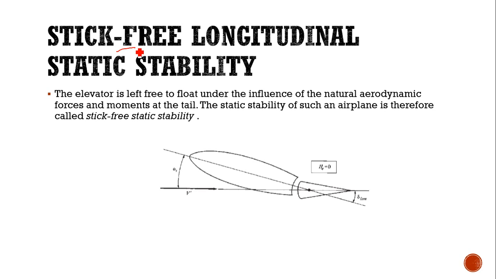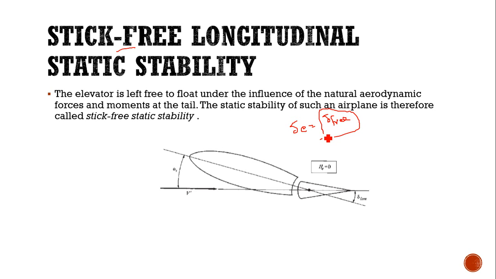After that it will float. When the aircraft is pitching up, it will also float to some other position, and the angle at that position will be called the del free angle. In the previous topic, we saw del E, but here the del E is changed to del free because the elevator is allowed to float freely.